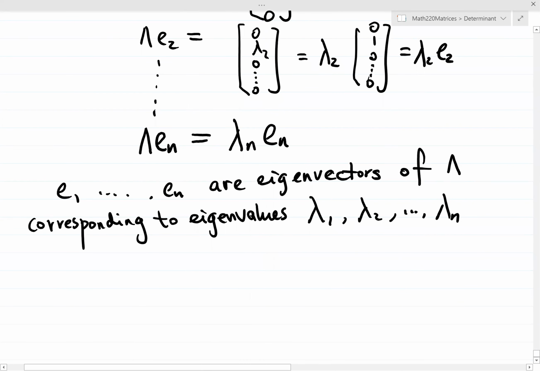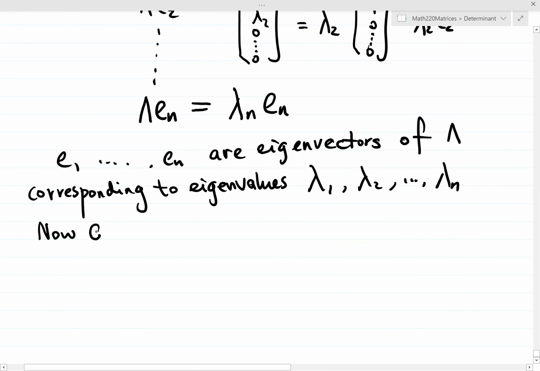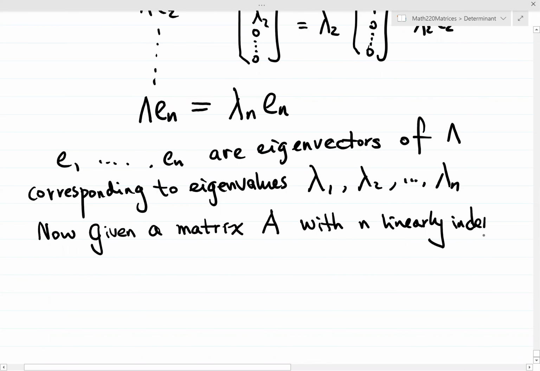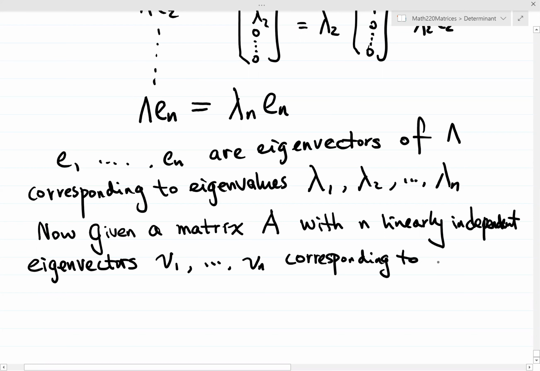Now, given a matrix A with eigenvectors, suppose this matrix has n linearly independent eigenvectors, v1 through vn, corresponding to eigenvalues lambda 1 through lambda n.